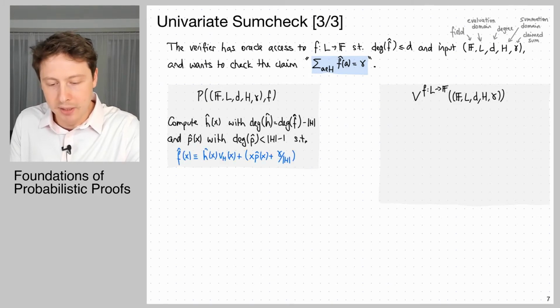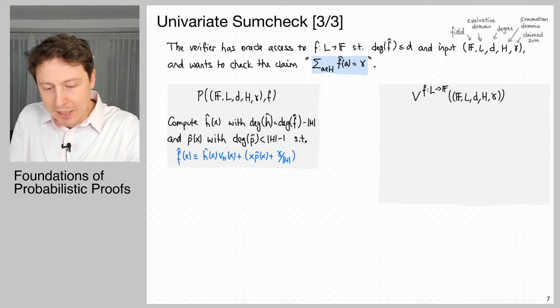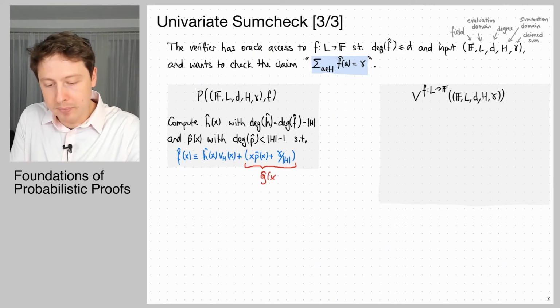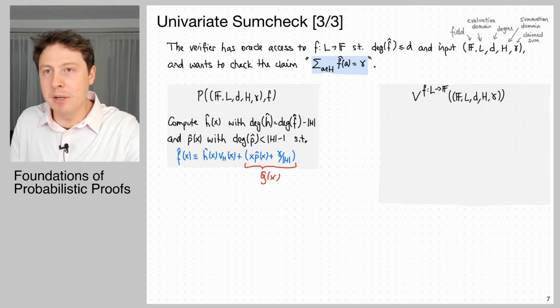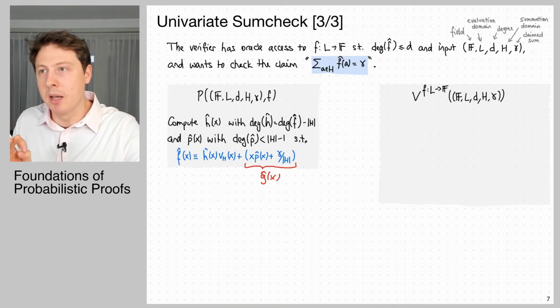What is P hat? Well, in the prior slide, our G hat was this one, right? But remember that we wanted to show something particular about the constant term of G hat, right?